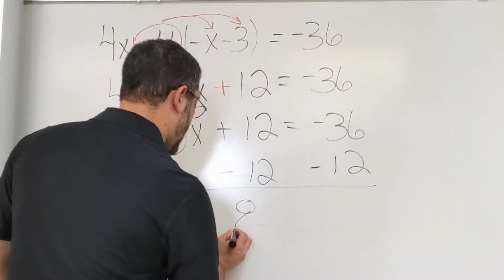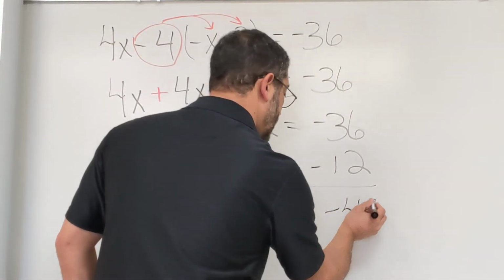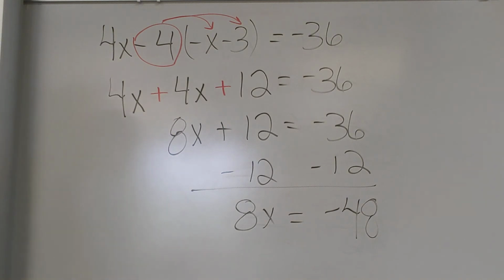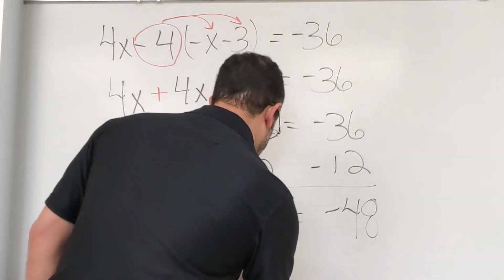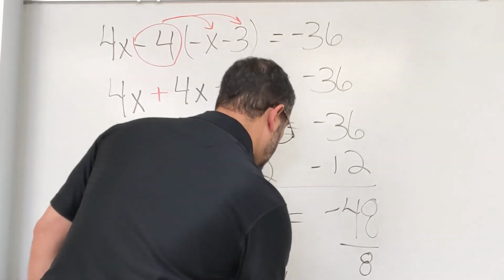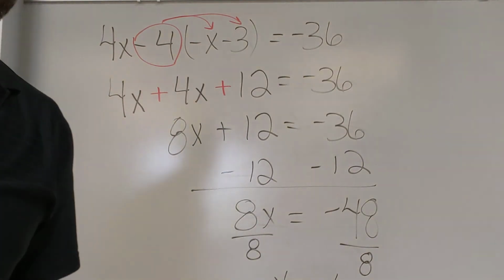And I'm left with 8x equals a negative 48. So the last step is to divide both sides by 8. And I'm left with x equals a negative 6.